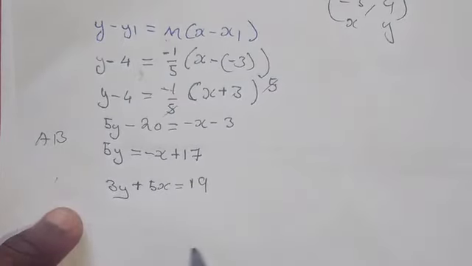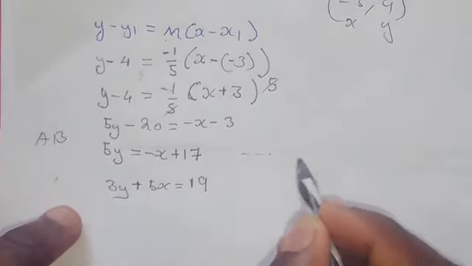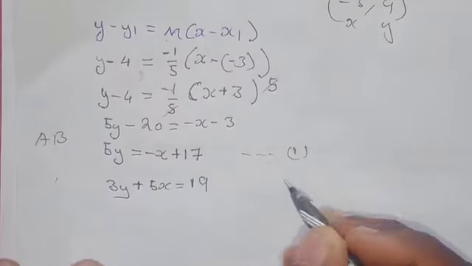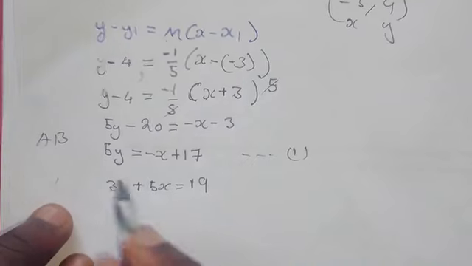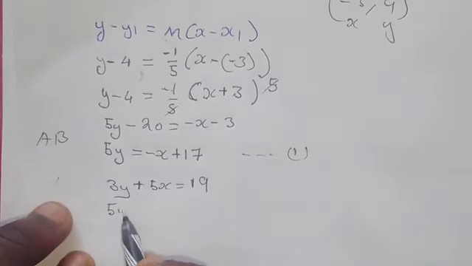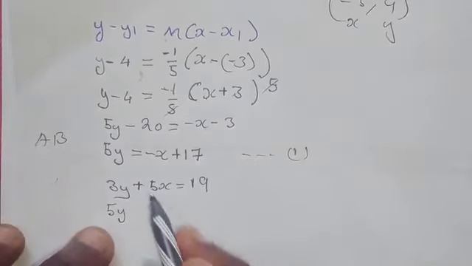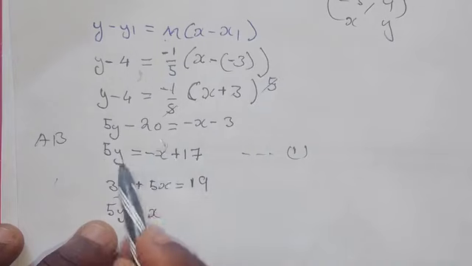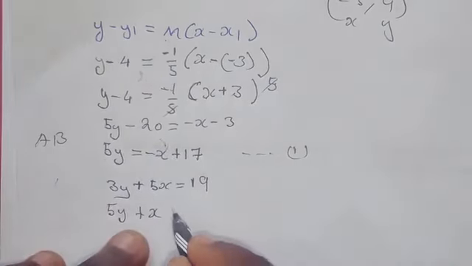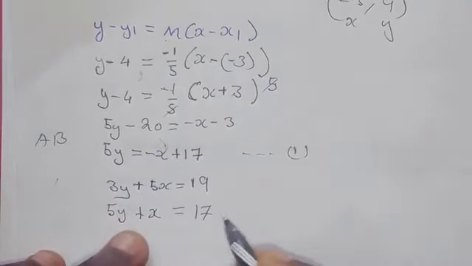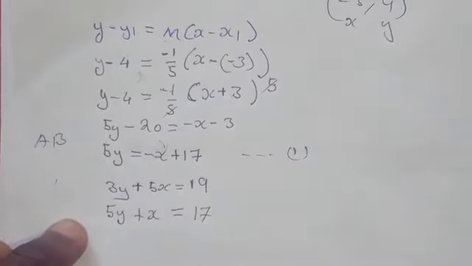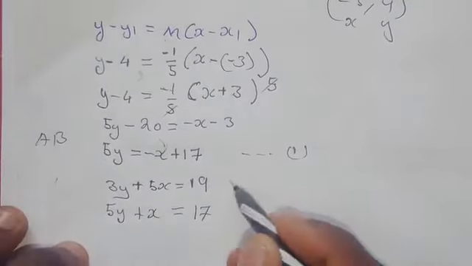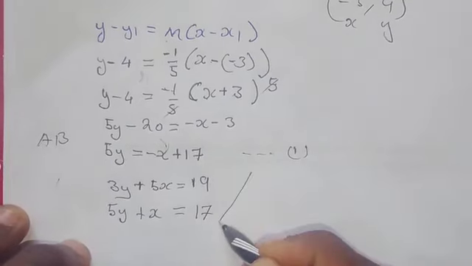Okay, so this was procedure 1. So we also have this equation, which is 5y plus x, we just take -x to this side to be plus x, is equals to 17. Okay, then if you want you can use the substitution method, if you want you can go with the elimination. Let's go with the elimination method.